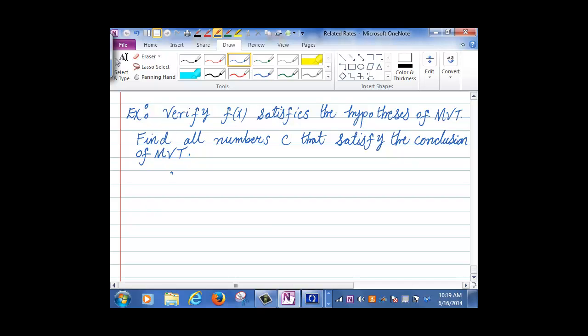So let's say the function is f of x equals x cubed minus x, and we are given the interval from 0 to 2.